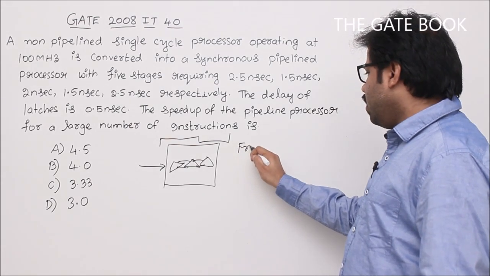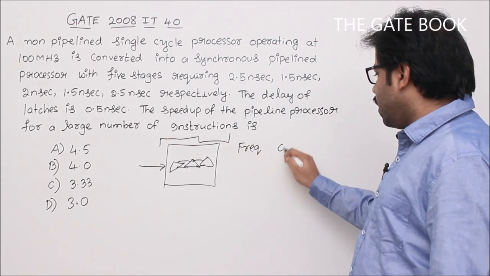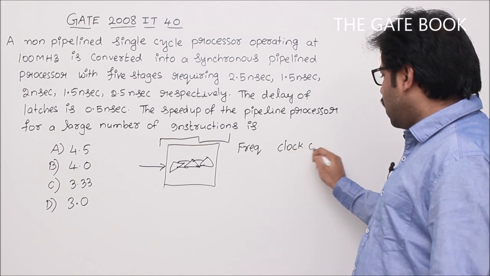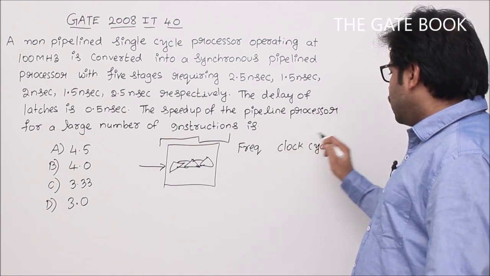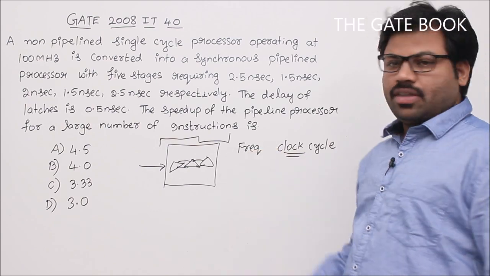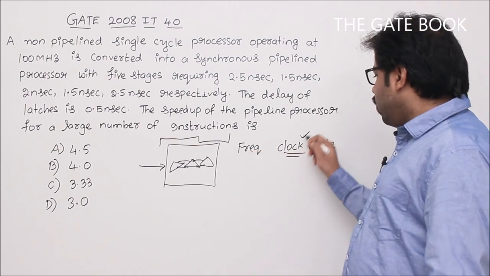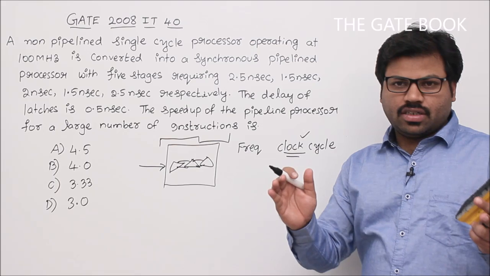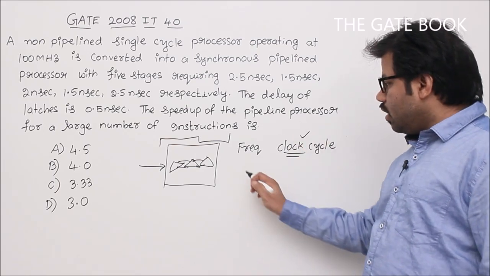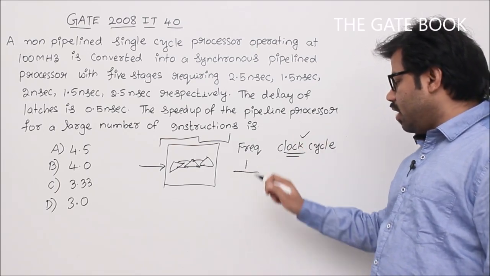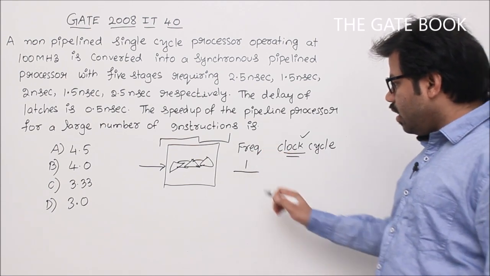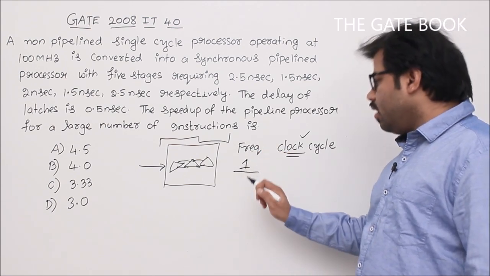There is a relation between frequency and clock cycle. So this is the right time to understand the difference between clock cycle and frequency. If you want to find the clock cycle time, simply use the formula 1 by frequency.